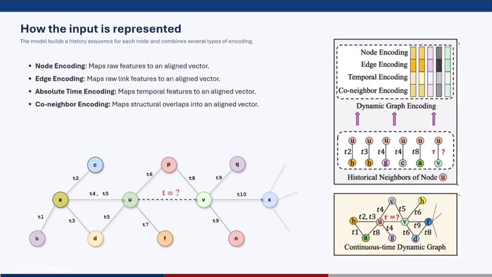For example, the target node here is U, and it fetches the interactions of the target node to create the co-neighbor encoding, and then combines this encoding with the raw features of node encoding, edge encoding, as well as the temporal encoding. Once they create the embeddings, they pass them to the next layer, which is the DyG-Mamba main layer, which we'll discuss in the next slides.